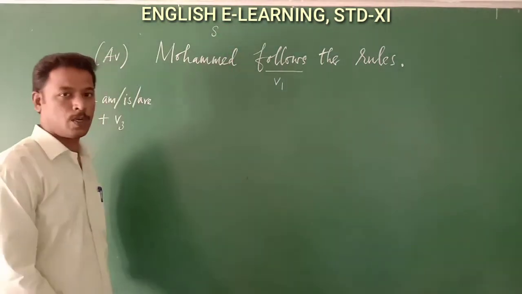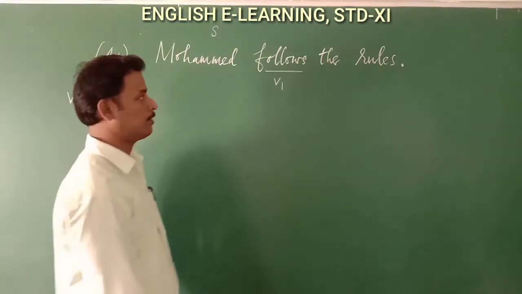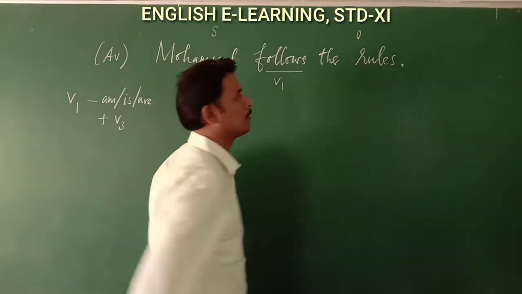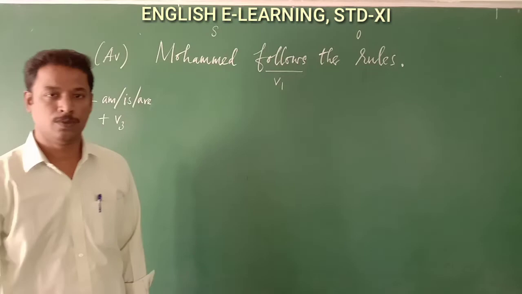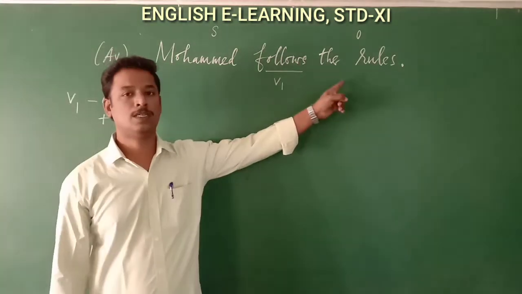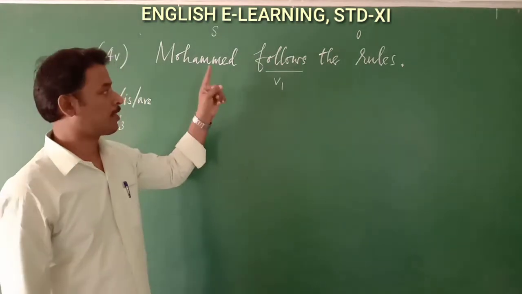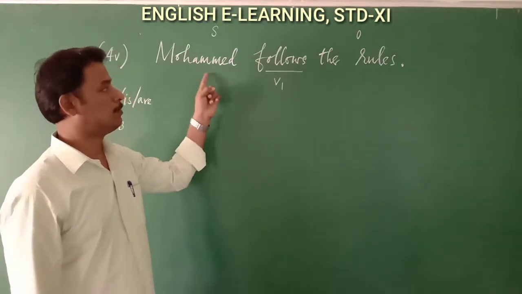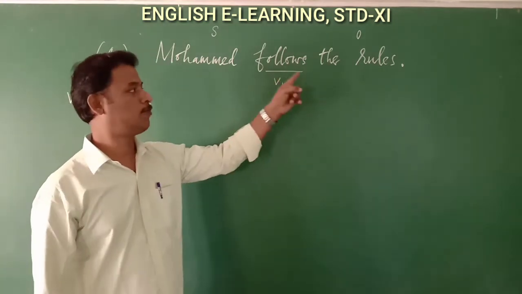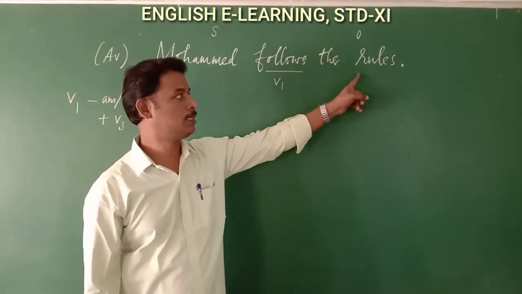Muhammad is the doer of the action. So, it is the subject. And the words, the rules, the word, the rules is an object because it is the answer of that question what? What does Muhammad follow? The answer is the rules. Muhammad follows the rules. So, it is an object.